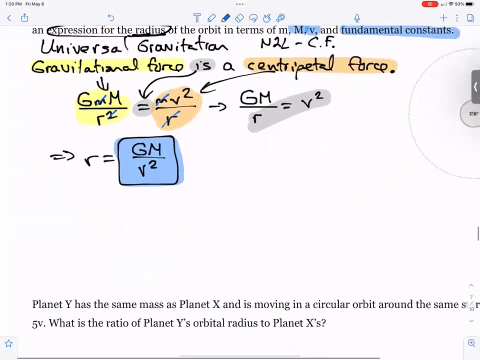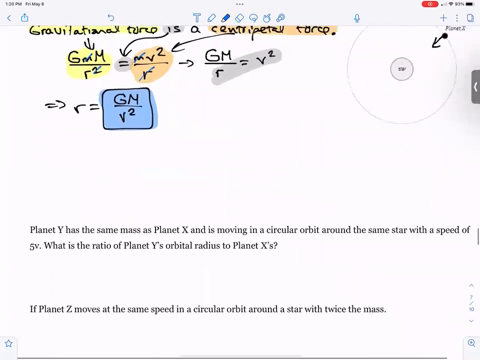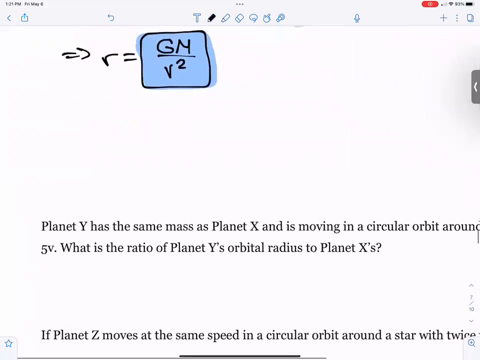In the next part, it said that planet Y has the same mass as planet X and is moving in a circular orbit around the same star with a speed of 5v. What is the ratio of planet Y's orbital radius to planet X's? Well, here is your radius expression, r is equal to GM over v squared.